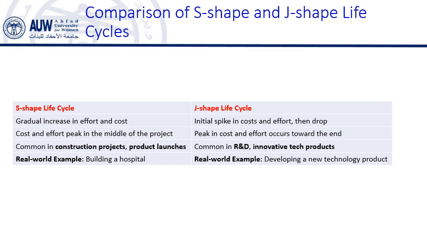The best projects for this S-shaped life cycle are projects that follow well-defined and predictable outcomes. We call them structured projects, like building a hospital, for example. This includes construction projects or even manufacturing line projects.